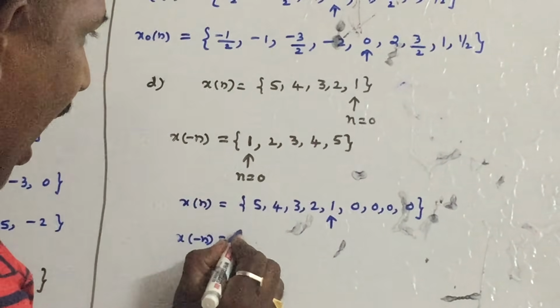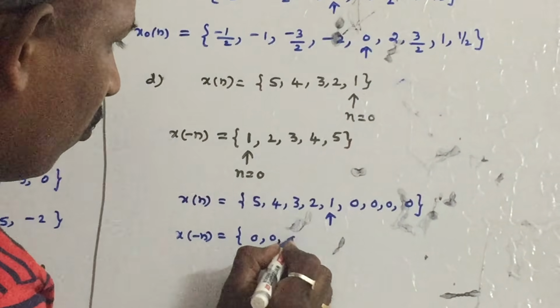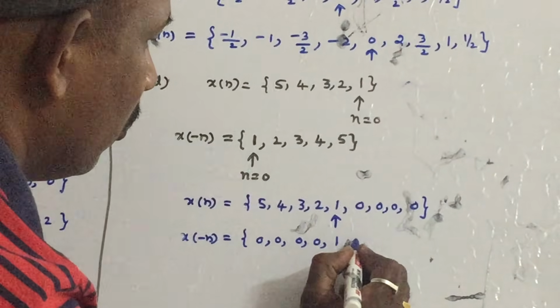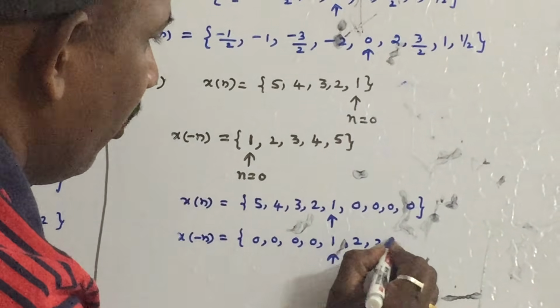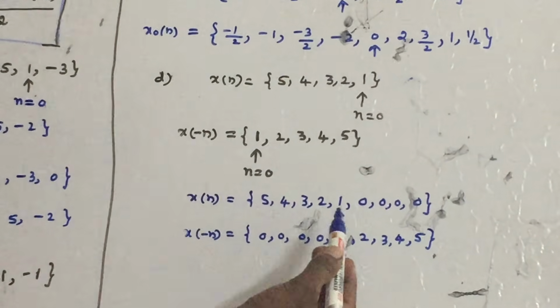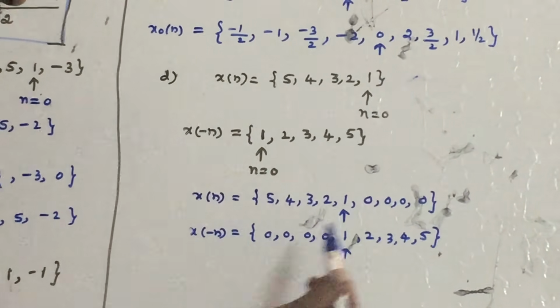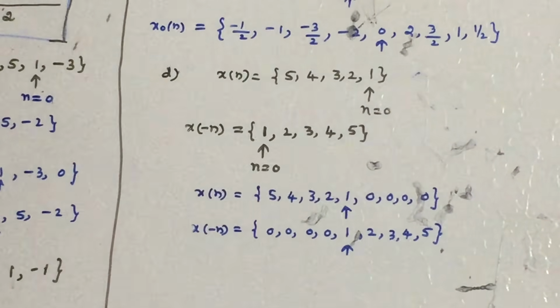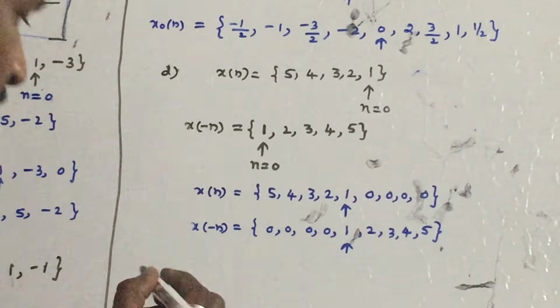Similarly, to the x of minus n, add 4 zeros to the left. 1, 2, 3, 4, 5. Now we can see that we can easily add x of n and x of minus n by position. So we can easily calculate even component and odd component.